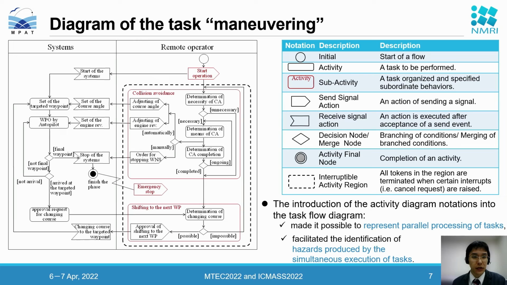The introduction of the activity diagram notations into the task flow diagram made it possible to represent parallel processing of the tasks, and it facilitates the identification of hazards produced by the simultaneous execution of the tasks.